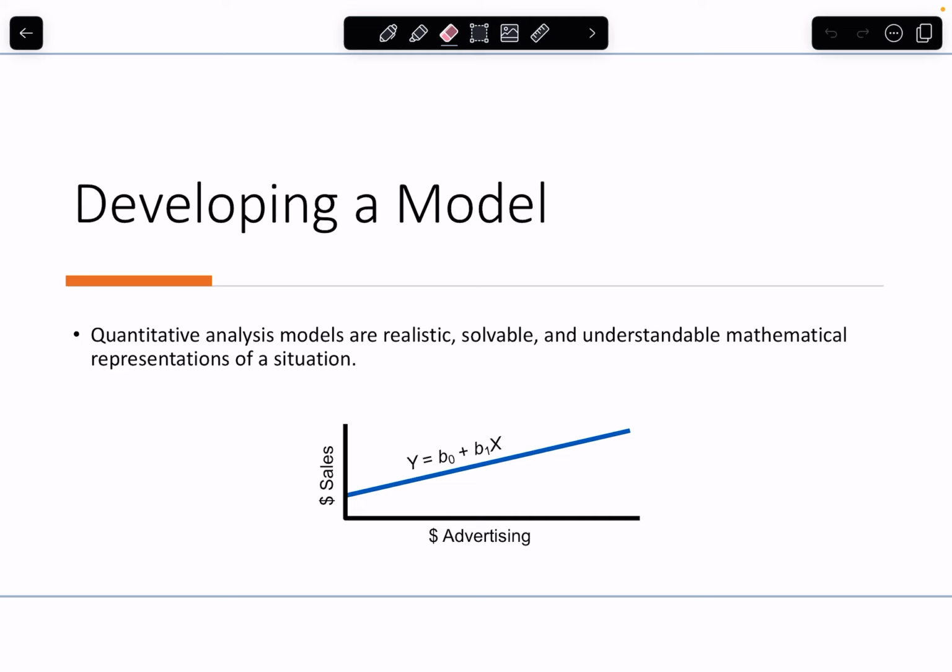For example, we could represent this into a linear model, where the yield or the output or the sales increases as the number of advertisements increases. We just have to develop this model so that later on we understand how the different variables play together, and how we are going to resolve such a problem.